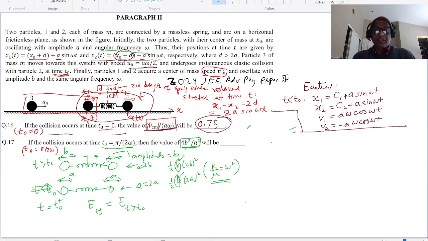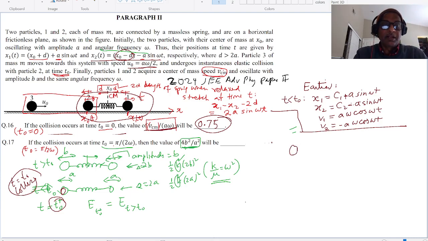So in our strategy for this, the only thing to figure out is what happens at t0 plus. t0 is when the collision is; t equal to t0 is collision. Again, mass 3 is going with u0. This time, the time is pi over 2 omega. It's really nicely given, pi over 2 omega.